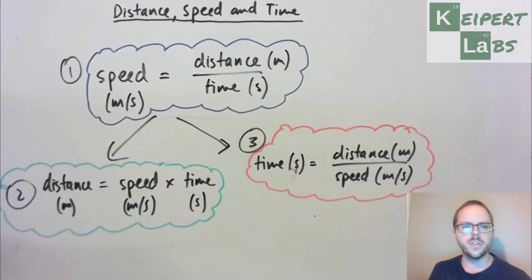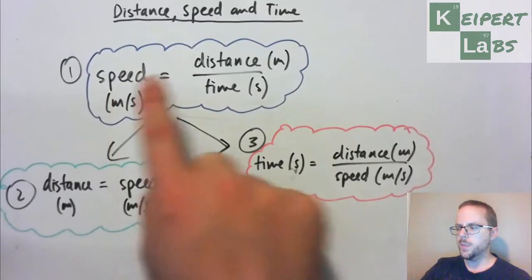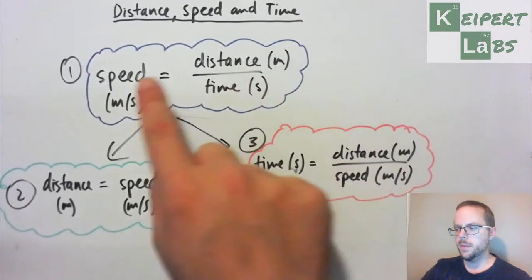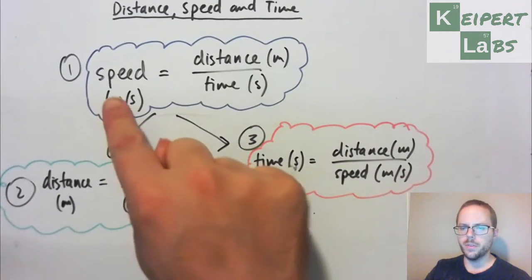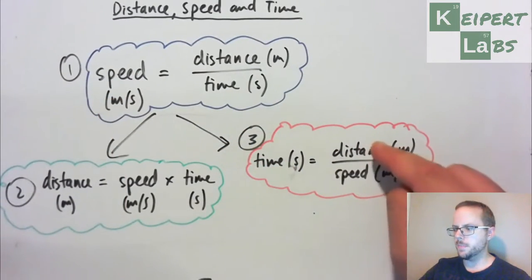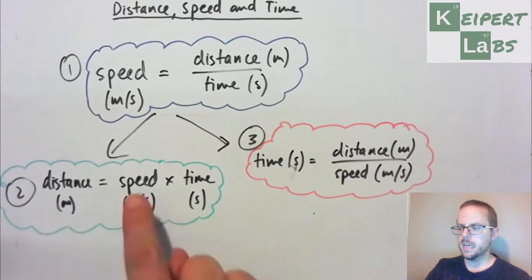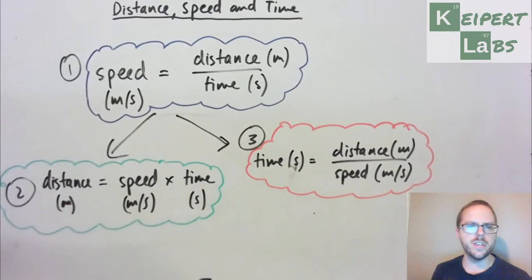How we decide which one to use depends on which is the thing that we don't know and which are the two things that we do know. If you know distance and time, then this is the formula that you would use. If you know distance and speed but not time, then you'd use number 3. If you know speed and time but not distance, you'd use number 2. Make sure that you write those formulas down and keep them close to hand.